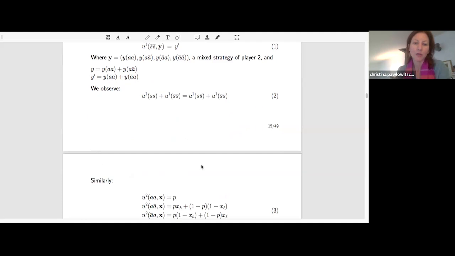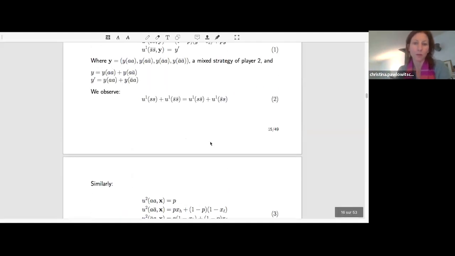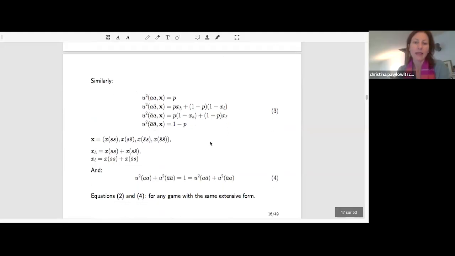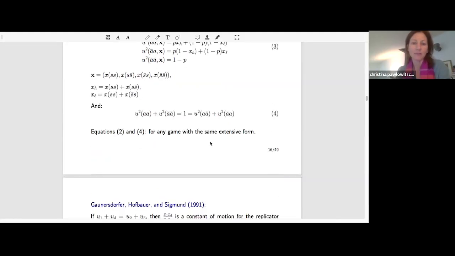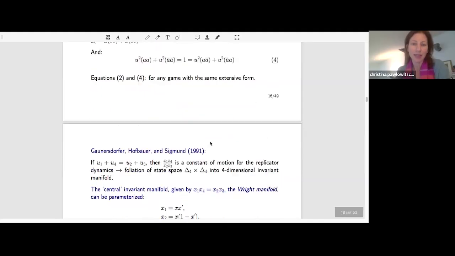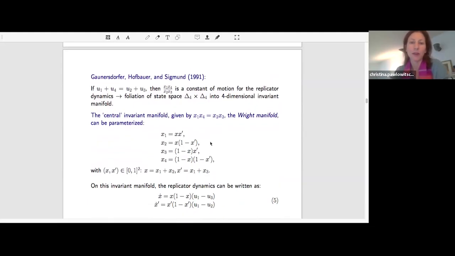And this is true also for the payoffs, this is true for both players. And so this property comes from that property, and we use an earlier result by Josef Hofbauer and Carl Sigmund and Andreas Gaunersdorfer. This is also related to work by Ross Cressman.